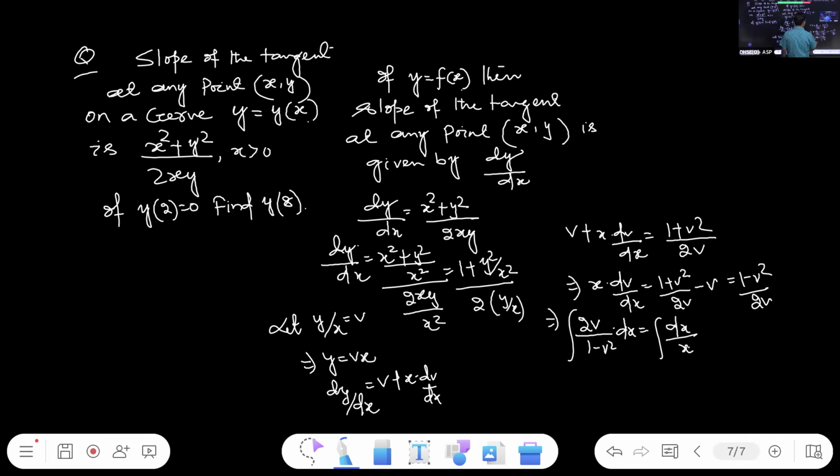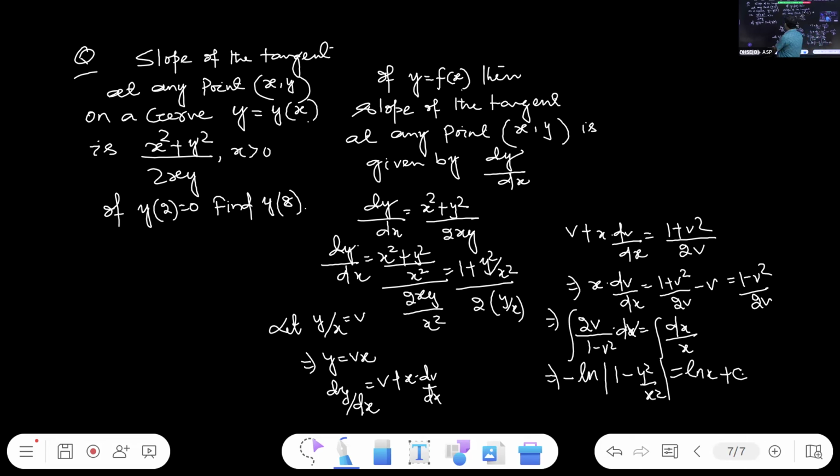If you substitute 1 minus v square as z, 2v dv will be minus dz. Minus dz upon z is equal to minus ln z. So minus ln (1 minus v square), v is y by x, so minus ln (1 minus y square upon x square) is equal to ln x plus c.